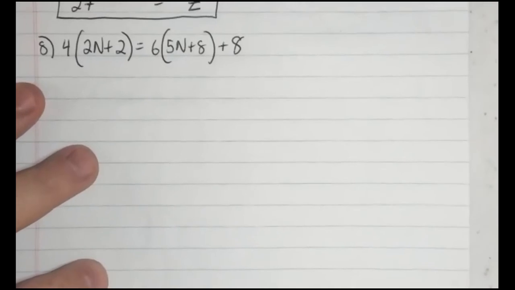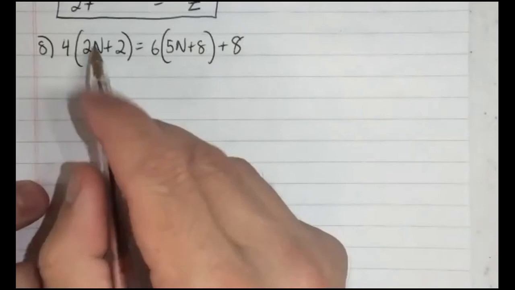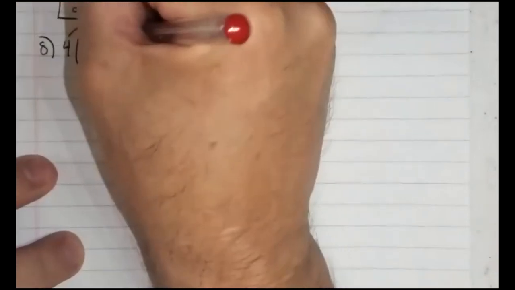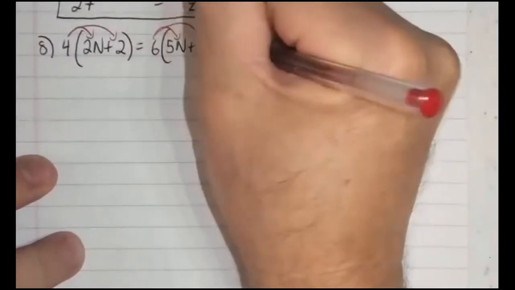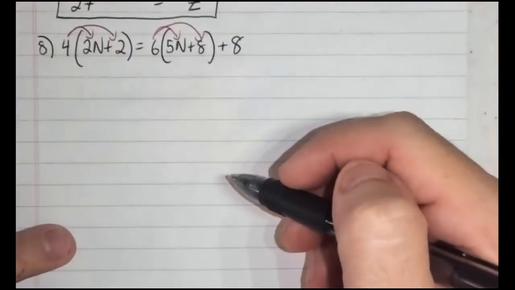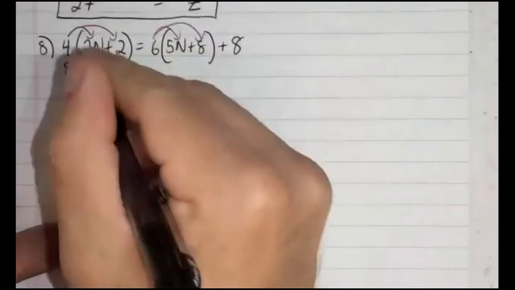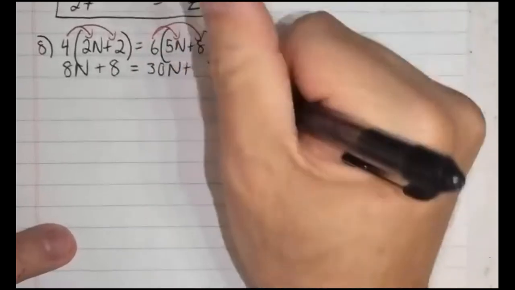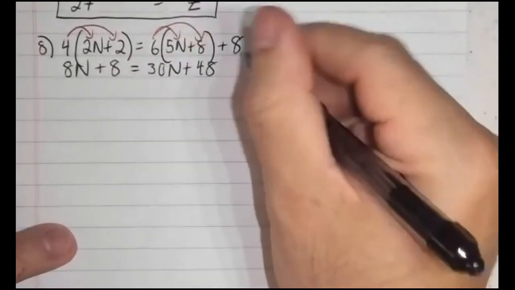So this is our next example. We have to distribute here, and I have to distribute here as well. And I'll just move down that plus 8 once I do that. So 4 times 2n will give me an 8n. 4 times plus 2 gives me a plus 8, equals 6 times 5n gives me 30n. 6 times 8 gives me 48. And then again, I'm just moving down the plus 8.